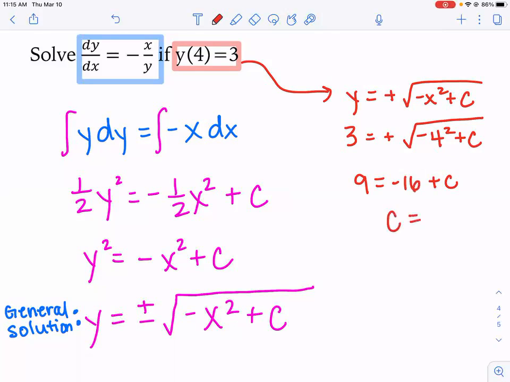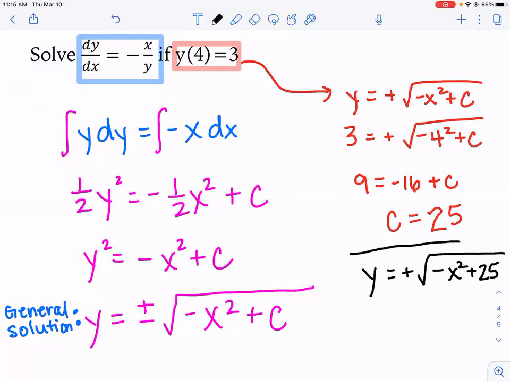Let's see. Okay. So our particular solution is y equals the positive square root of negative x squared plus 25. Or if you write it as 25 minus x squared, nobody's going to be upset about that.